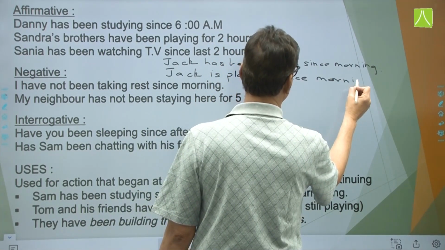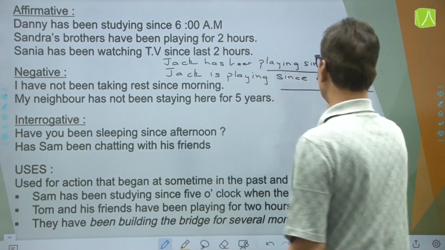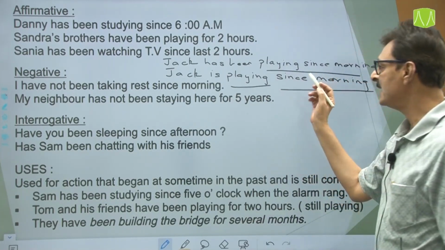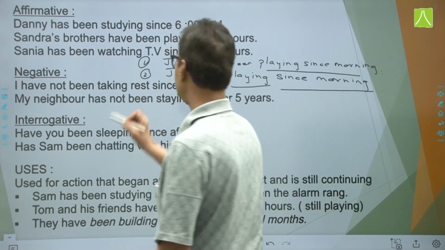Over here also I use since morning यहाँ पे भी लिखा है since morning, playing भी लिखा है and so on. इसके this is sentence number 1. Suppose this is sentence number 2.